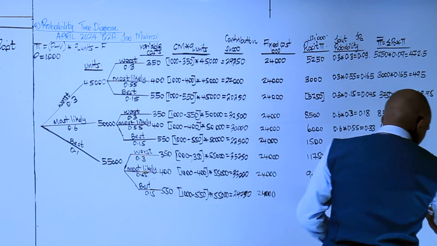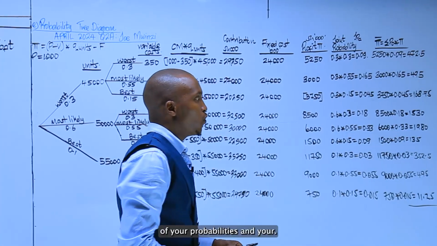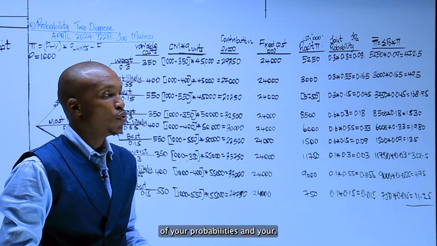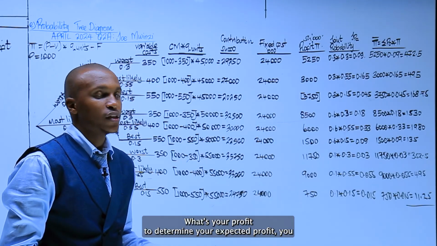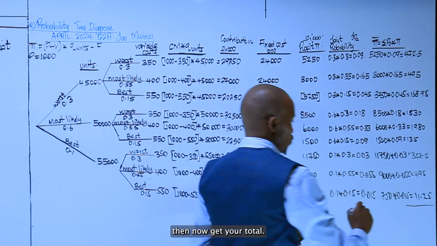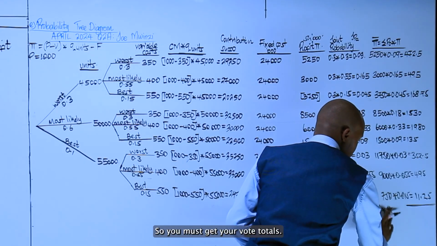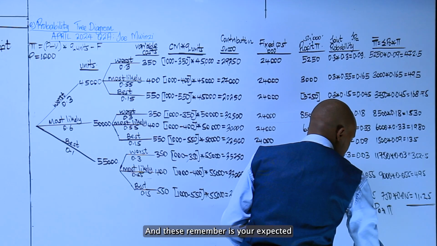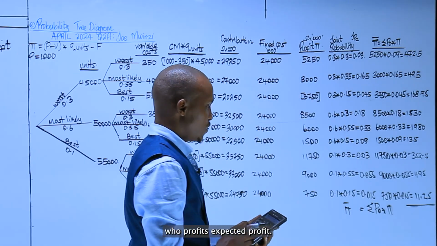Once you've gotten the product of your probabilities and your profit to determine your expected profit, you then get your totals. And this, remember, is your expected profit.